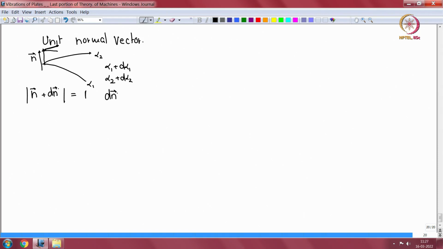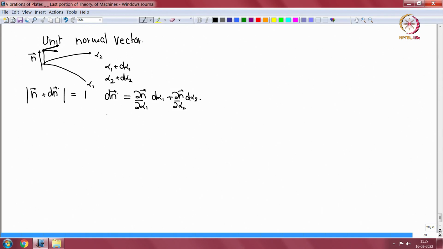and therefore, they will lie again in the alpha 1 alpha 2 directions, sorry, okay. So dn bar, if we write, there will be del n bar by del alpha 1 d alpha 1 plus del n bar by del alpha 2 d alpha 2, okay.